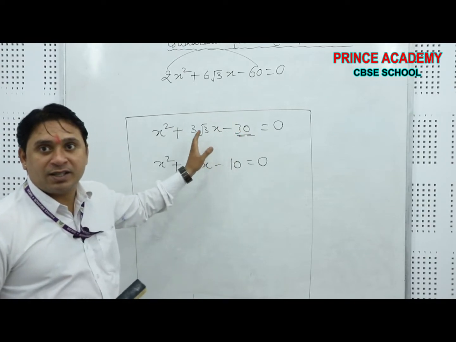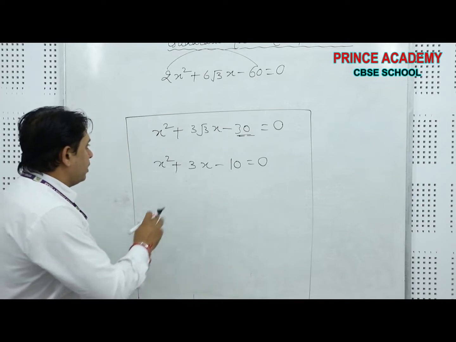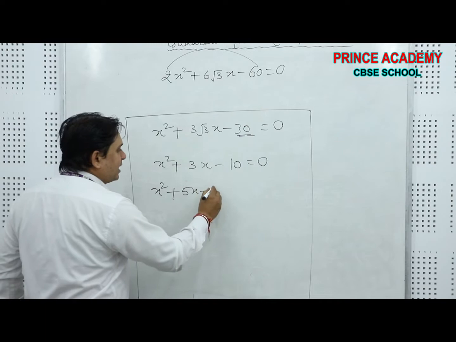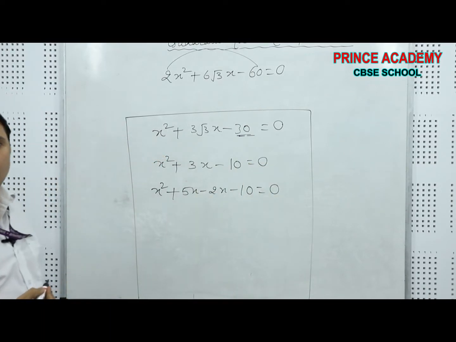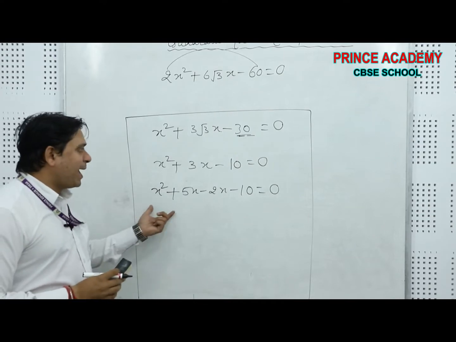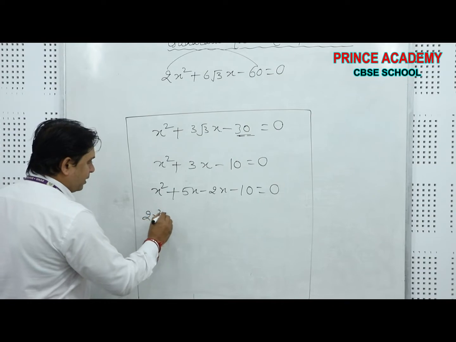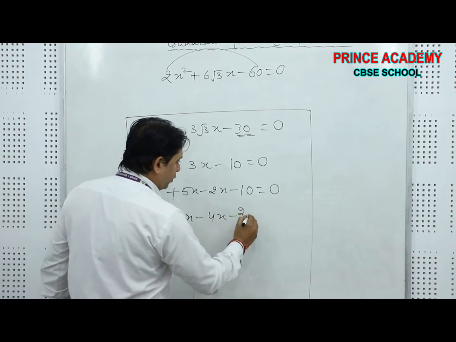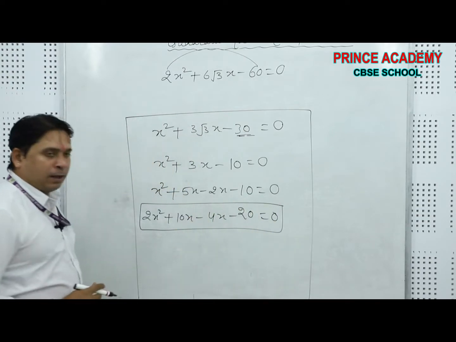Root part, root inside the root it was 3, I divided the 30 by 3. Now when I solve this equation, can I write like this? Am I right? Yes or no? And if I multiply this equation with by 2, what I will get? 2x square plus 10x minus 4x minus 20, yes or no? Tell me, yes or no?